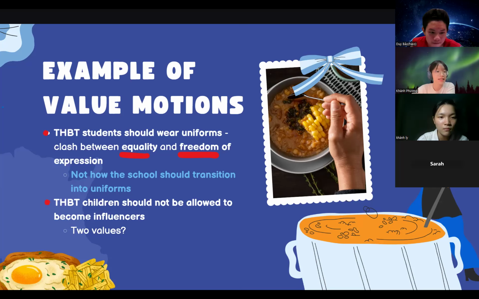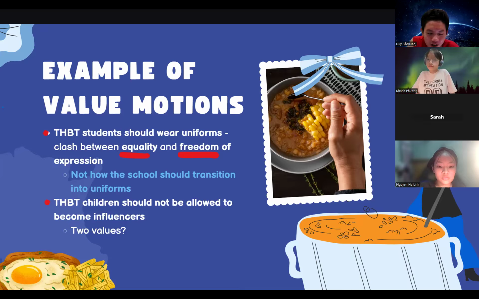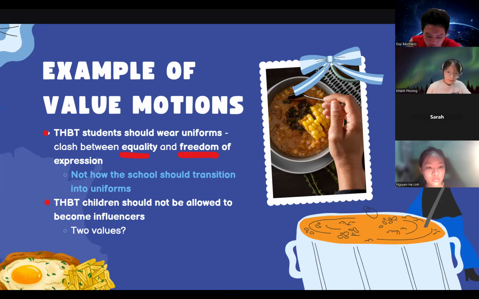Okay, Neo, go ahead. I think that we're talking about becoming an influencer. So I think two values are risk, freedom, and stability. Being an influencer is really risky. Sometimes you cannot gain a lot of views, you cannot gain a lot of subscribers, and it's always taking a lot of time.